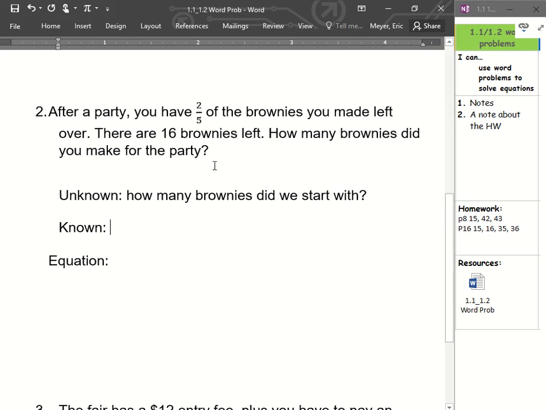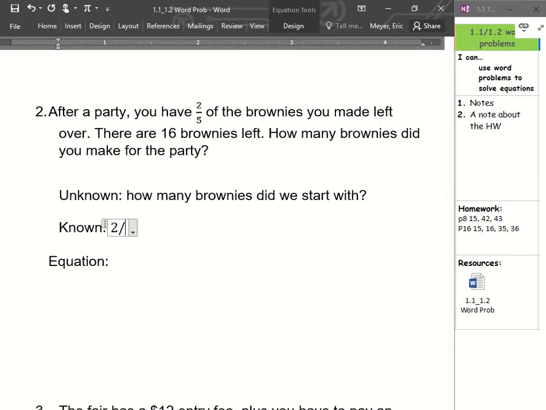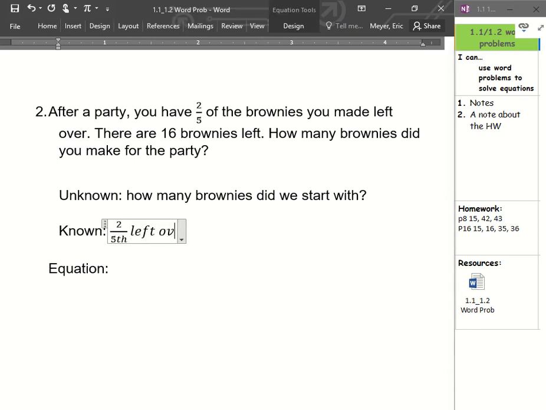What do we know? I know that I have 2/5 left over.